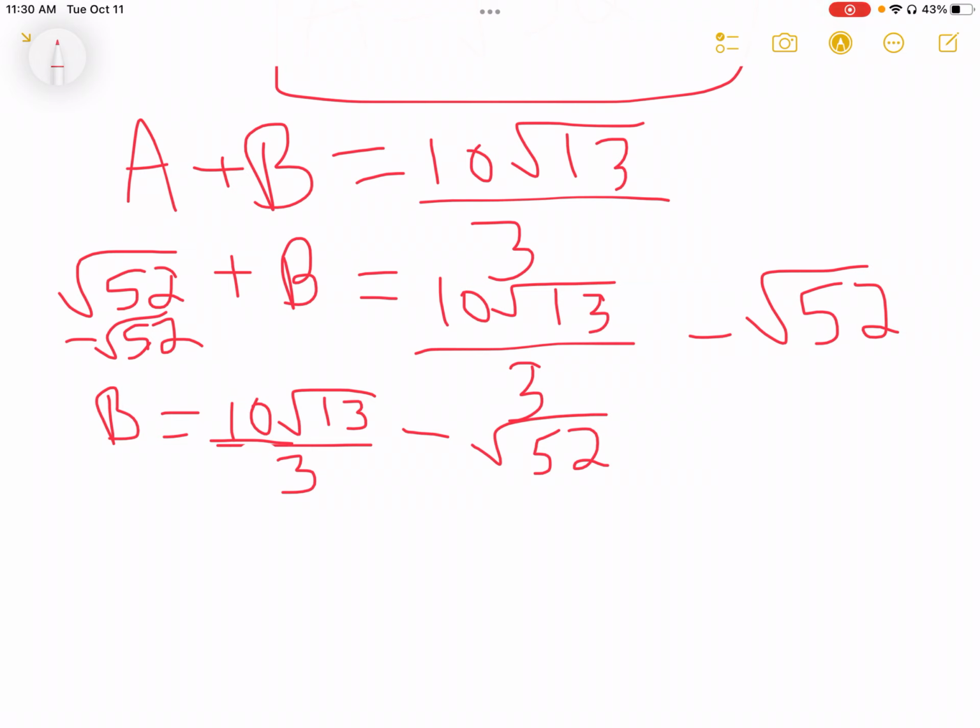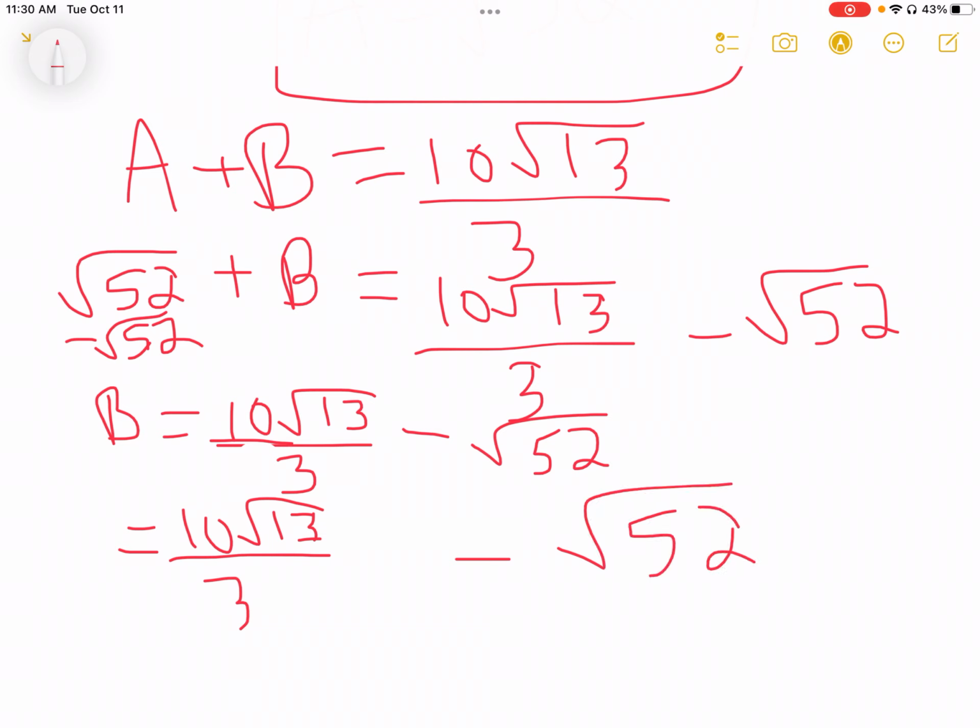So in order for that to be the case, though, I'd want to write a little more space here. 10 root 13 over 3 minus root 52. Okay, and you can always use your calculator to double check you did the right thing here.